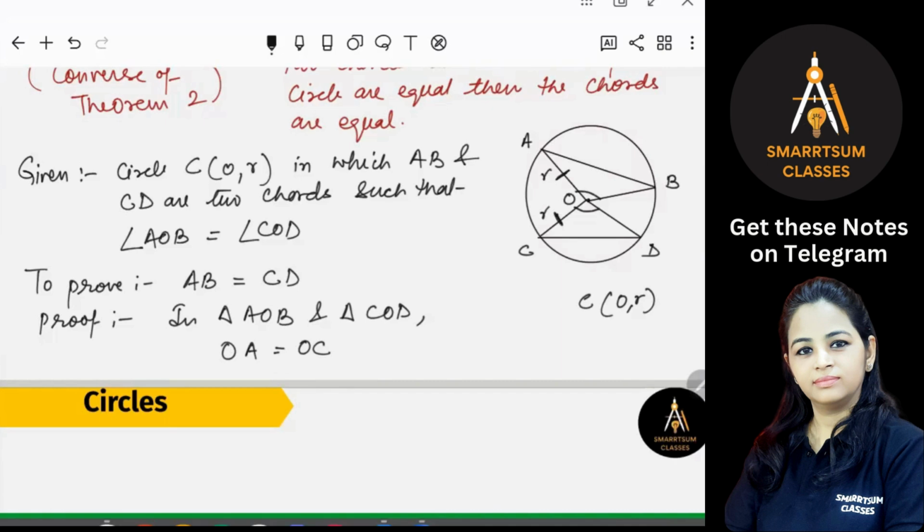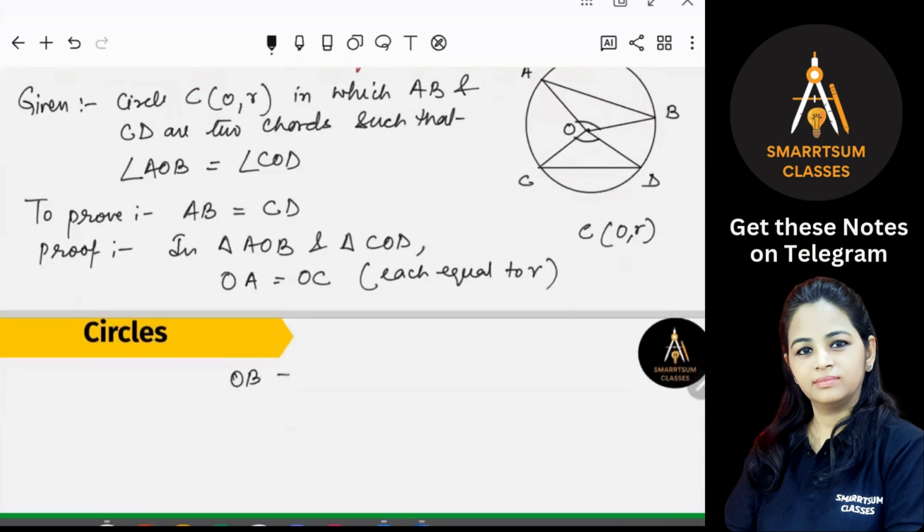Because both are the radius of the circle, each equal to R, that is radius. Now OB is equal to OD. Similarly, OB and OD both are the radius of the circle, so both are each equal to R.